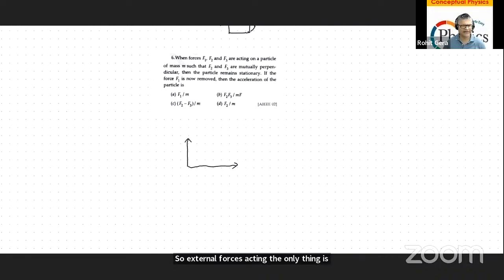The only thing is, you know vectors now. So you know law of parallelogram. You also know how to do resolution. You know Pythagoras theorem. Okay, F2 and F3 are mutually perpendicular.